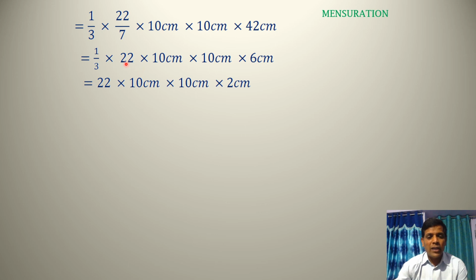Remaining 22 into 10 into 10 into 2. So 22 into 10 into 10 into 2, we get 4,400 centimeter cube. This is the volume of the conical portion.